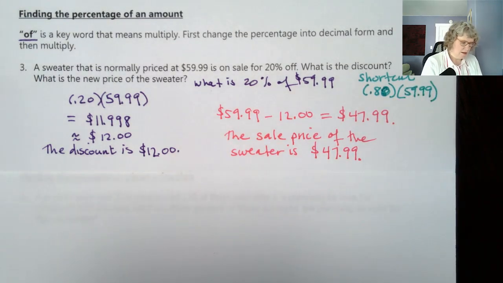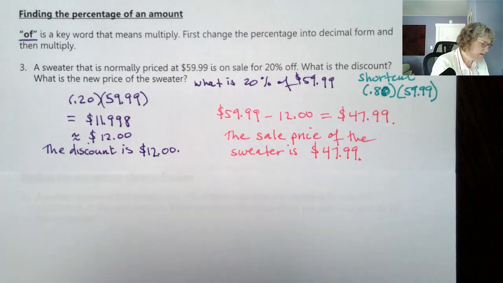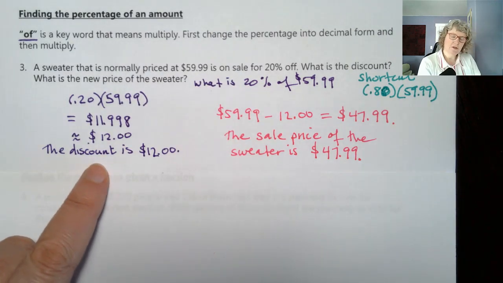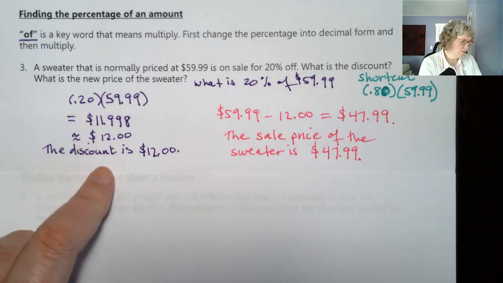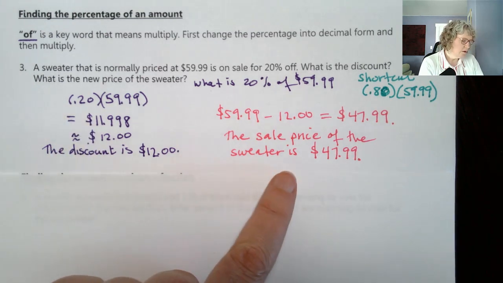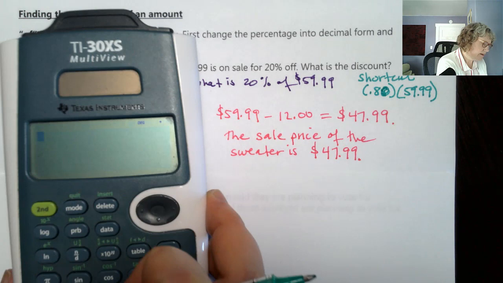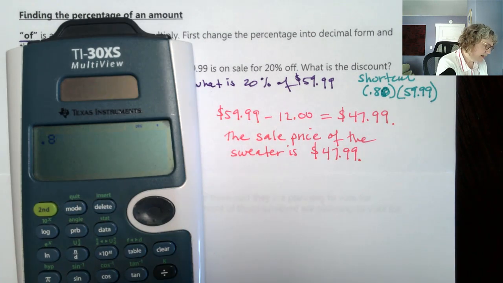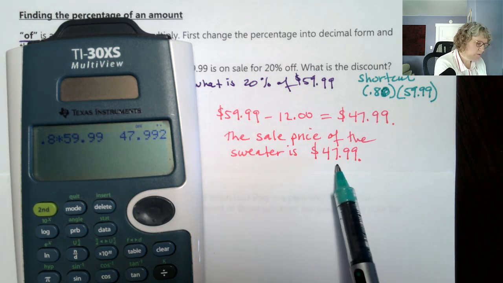And you'll see we get the same thing. That's not the way to get the discount. If you just want to know the discount amount, you need to do the 20%. But a shortcut way to find the actual sale price is 0.8 or 0.80 times $59.99. And we got 47.992.